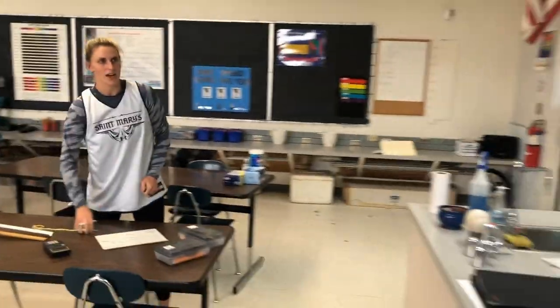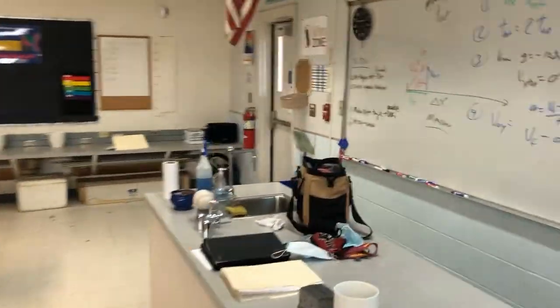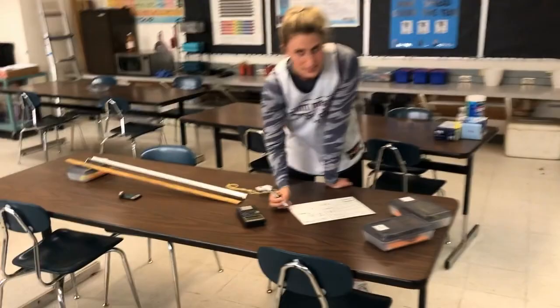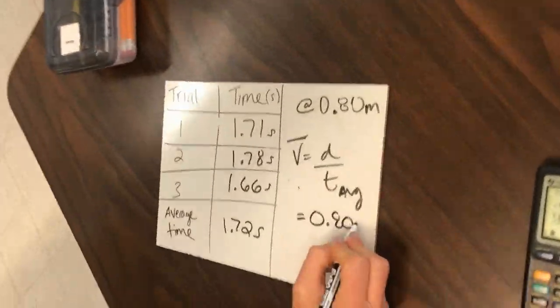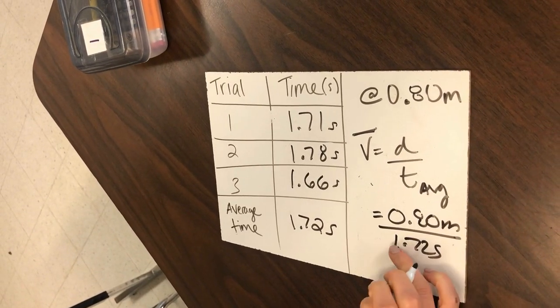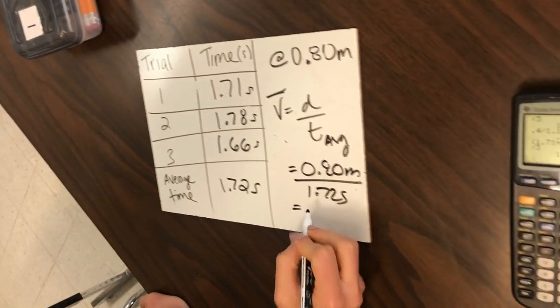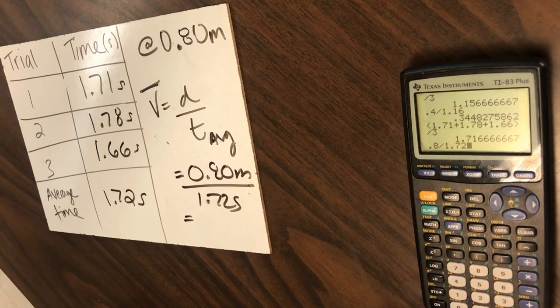Okay, let's do the average velocity. So my average velocity, I'm going to do the distance, which was 0.80 meters, divided by my time, which was 1.72 seconds. Don't forget your units. 0.8 divided by 1.72.